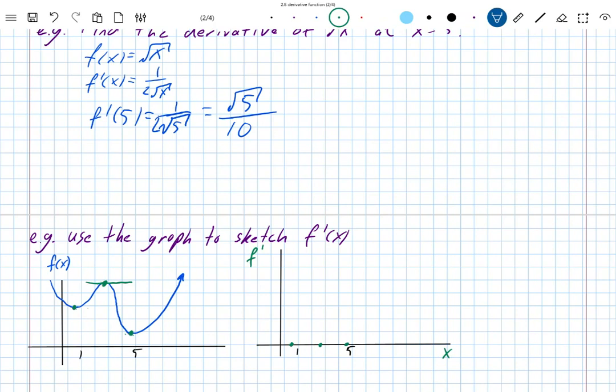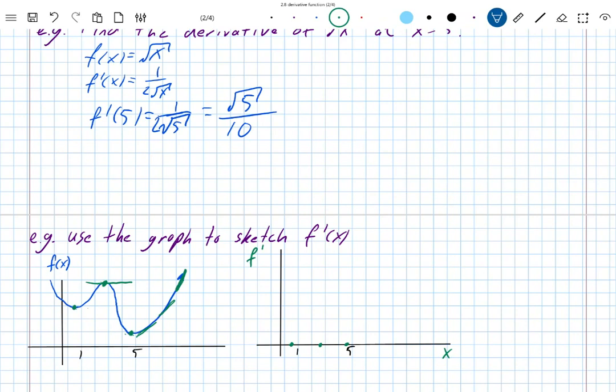Okay, maybe I can figure out where I'm going to be positive or negative. So let's just focus right now on this area where x is kind of bigger than 5. This whole area over here, my tangent lines maybe look like this and like this and like this.